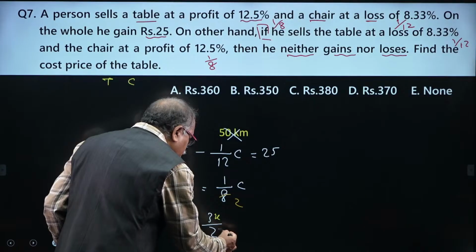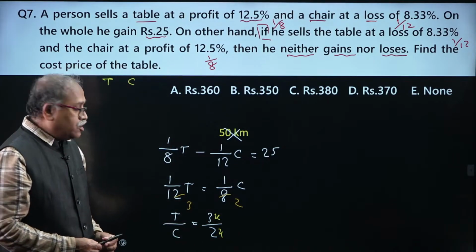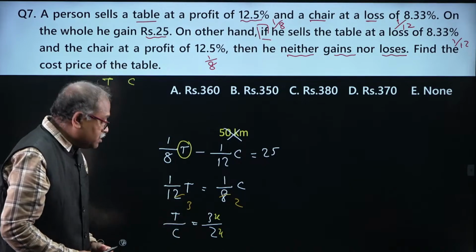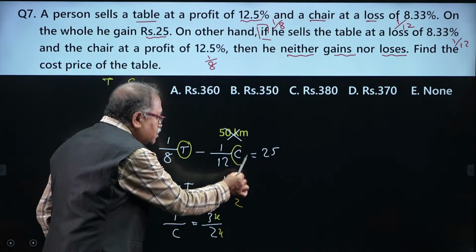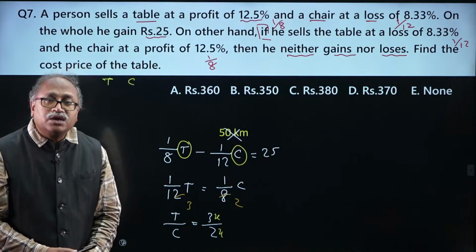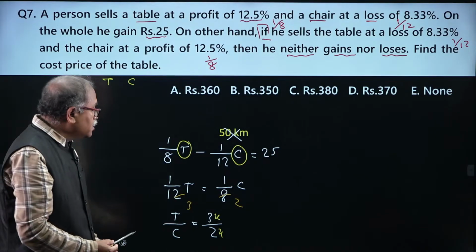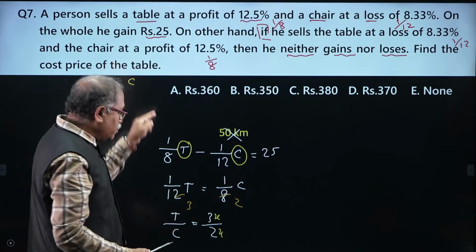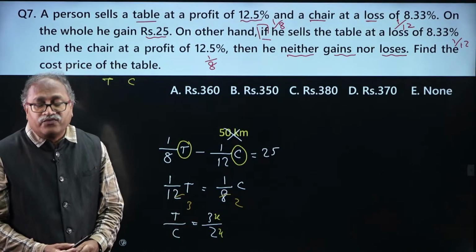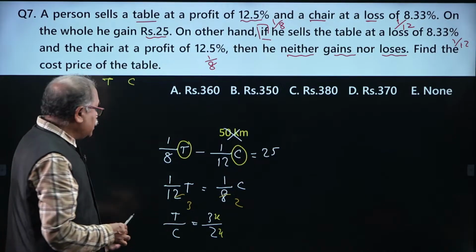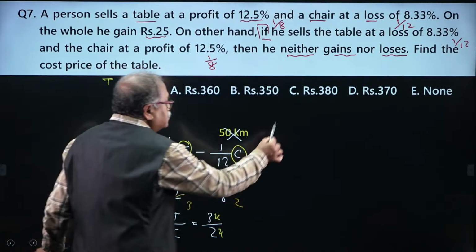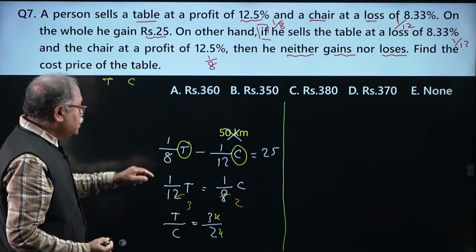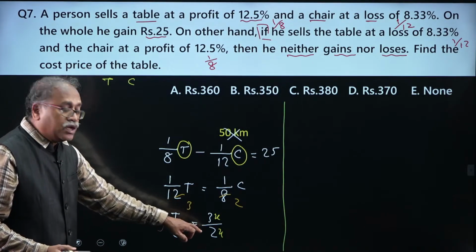Now, I replace T with 3x and C with 2x. I will get the x value, and once I get the x value, I need to find the cost price of the table. Cost price of the table is 3x. Let me see if Caroline answered it. Okay. Now, here is the final solution. I am replacing the T and C values over here.